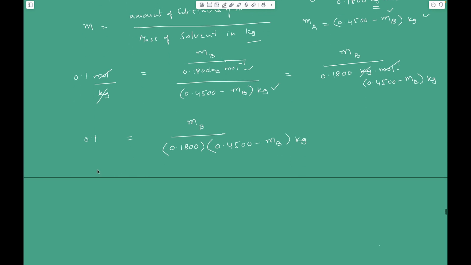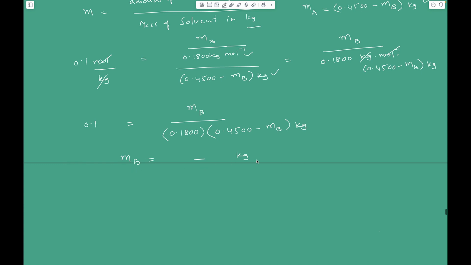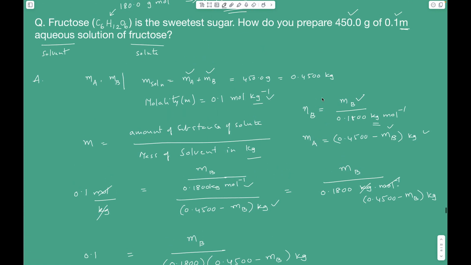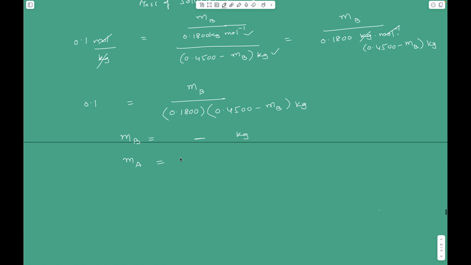Now if you simplify this, you will get the value of MB in kilograms. I will leave the simplification to you. Once you know the value of MB in kilograms, you can figure out the value of MA also in kilograms. It is nothing but 0.4500 minus MB.